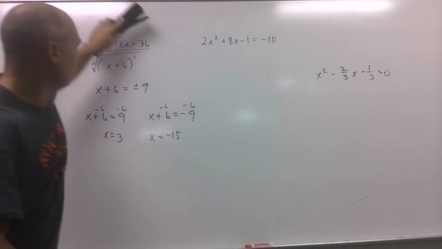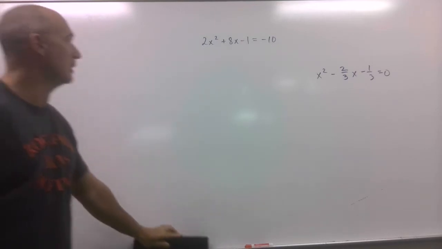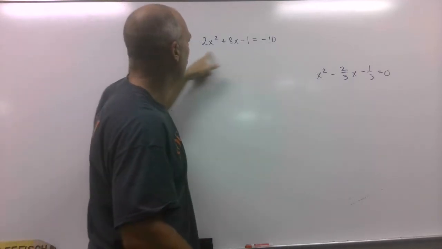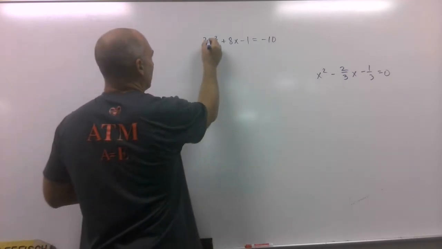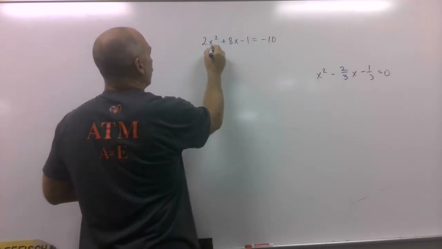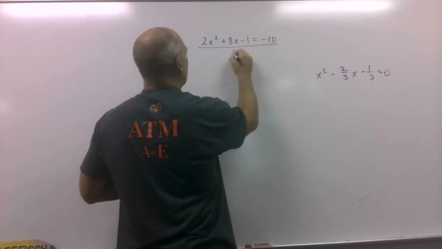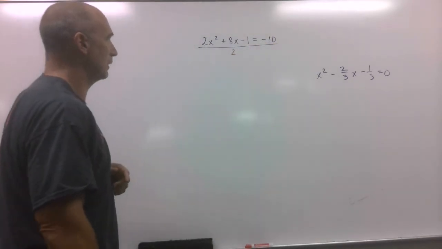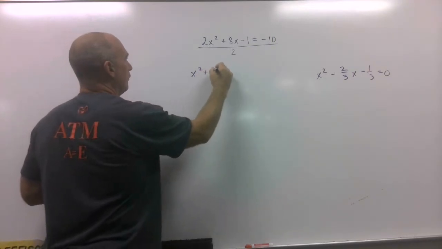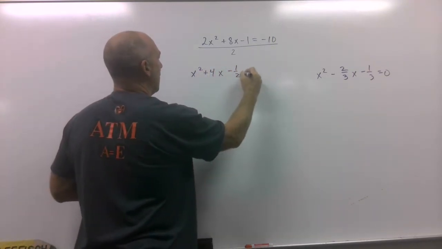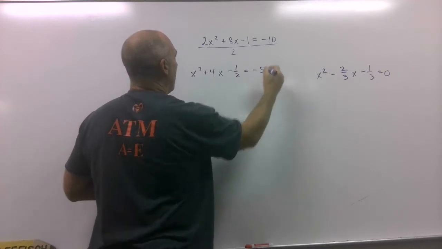Let's find this one. We do not have a perfect square trinomial. Now, I think a lot of you might just say, hey, this has to be a 1. So I'm going to go ahead and divide this all by 2 just to get started. Now, we clean that up. x² + 4x - 1/2 = -5.